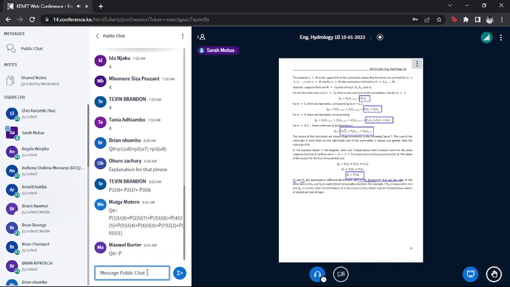This particular equation, and even the way we are doing it, is very critical when we are doing this unit hydrograph part. So we better understand it. Give me a minute, I get a pen. I need to write it down first.